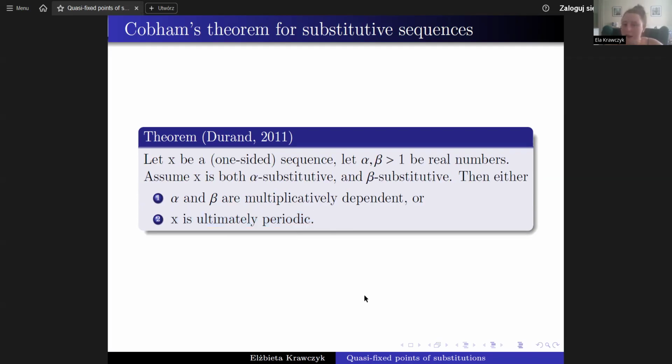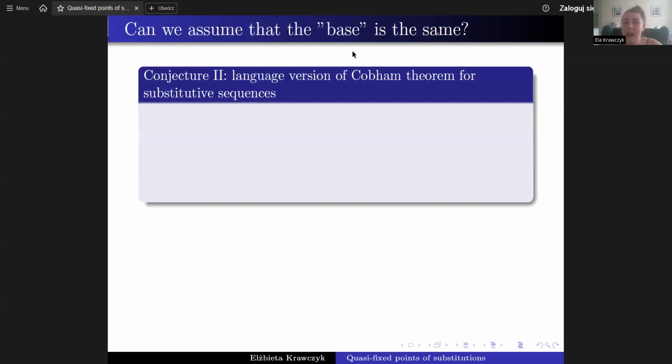However, as far as I know, in the literature there's no language version of this theorem, and I'm not sure if this would follow easily from the papers of Durand and Michel Rigo.